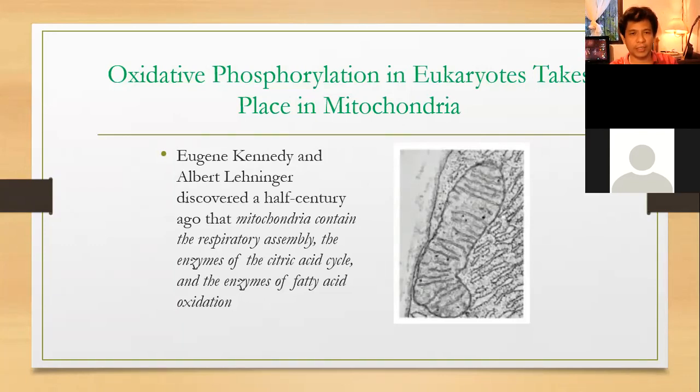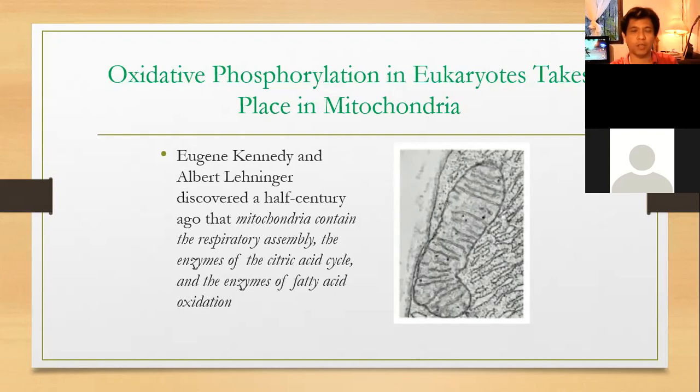So Eugene Kennedy and Albert Lehninger discovered a half century ago that mitochondria contain the respiratory assembly, the enzymes of the citric acid cycle and the enzymes of the fatty acid oxidation. Okay, si Lehninger yung author ng biochemistry book. Nasa matrix yung enzyme ng Krebs cycle, na pinag-aralan natin nung dinisscuss natin yung Krebs cycle.